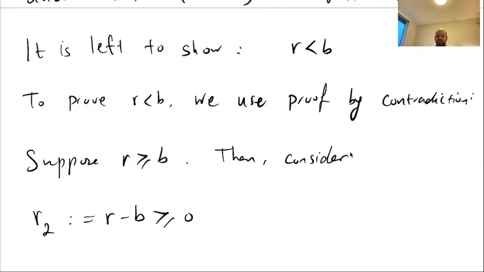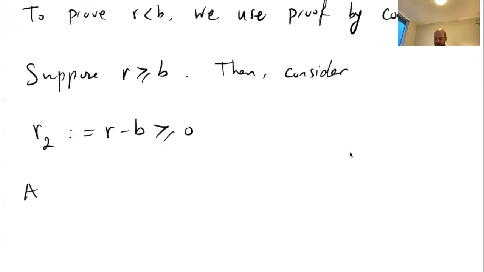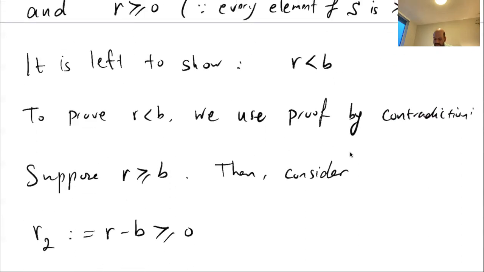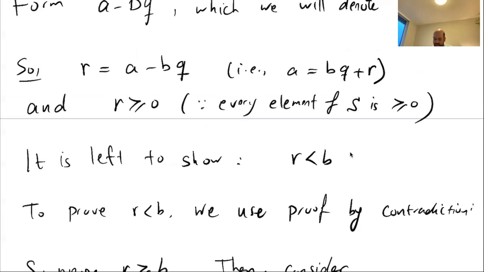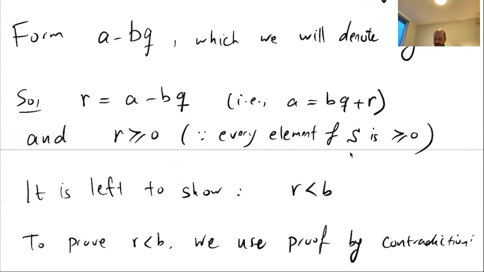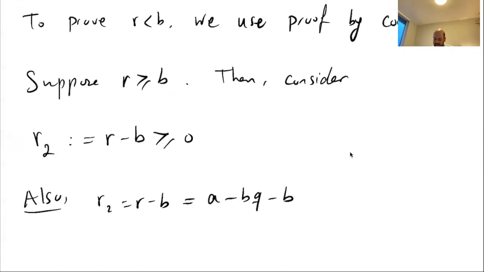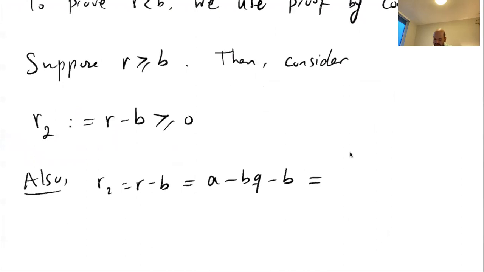Because my assumption is R bigger than or equal to B, so R minus B is bigger than or equal to 0. Also, R2 equals R minus B is going to be what? What was R? R was A minus BQ. So A minus BQ minus B. If I simplify this, this is A minus B times Q plus 1.